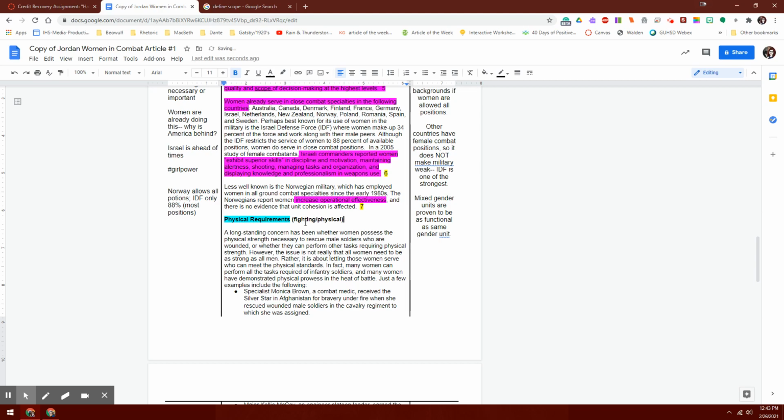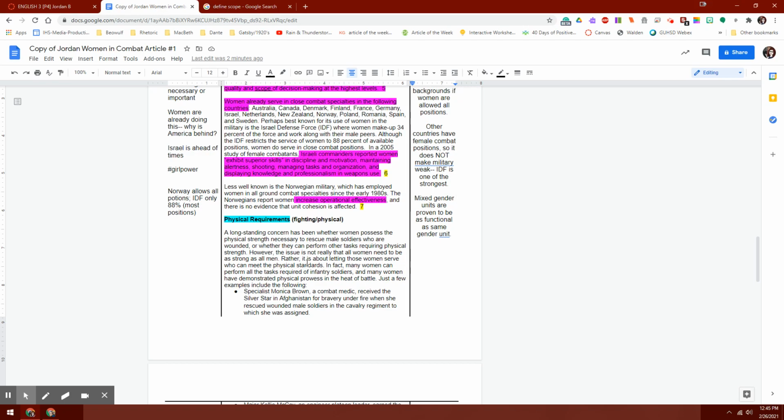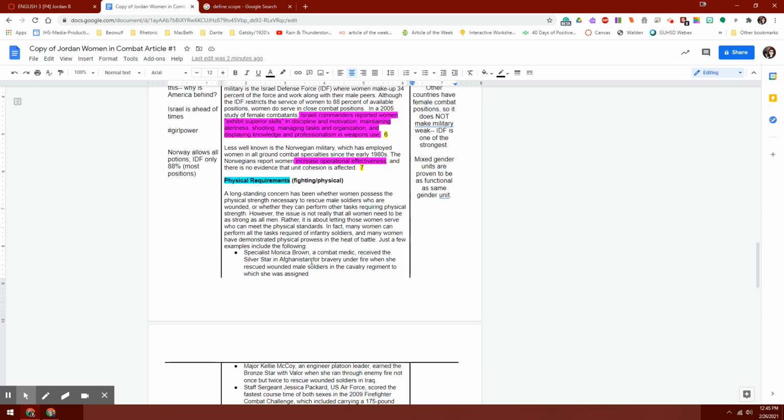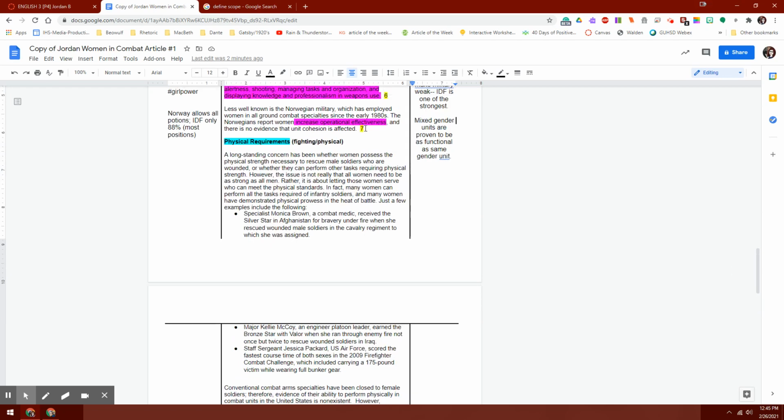So the author has kind of broken this up. Okay, so if we're looking at our physical requirements, I haven't chunked this section, so I'm going to go through and continue my numbers.